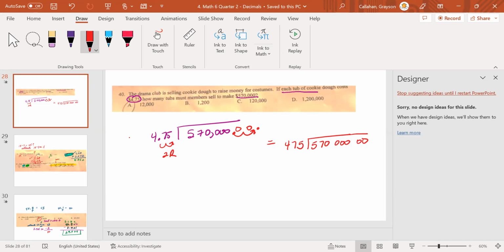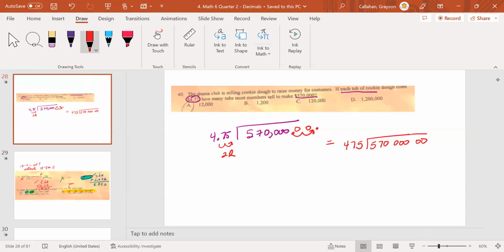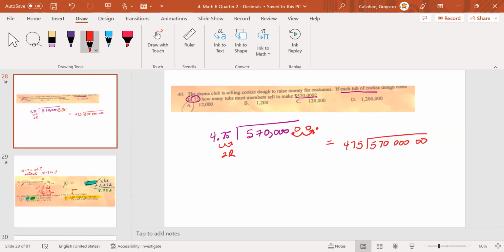Well, just looking at this, it's kind of like saying 500 dividing into 570. And if I were to estimate this and round up, 570 will be 60 followed by zeros, right?